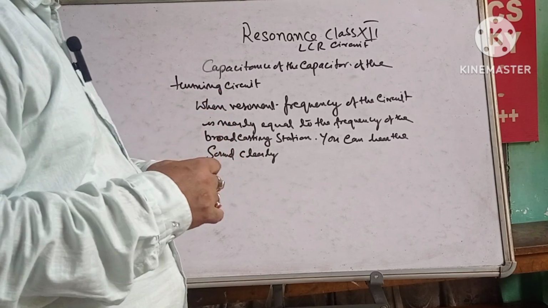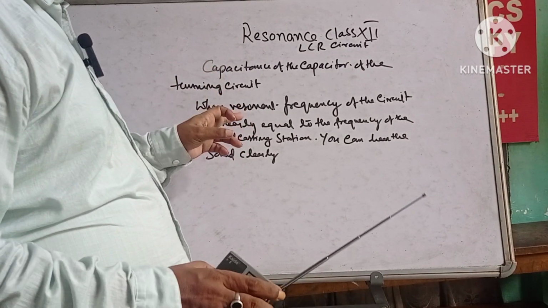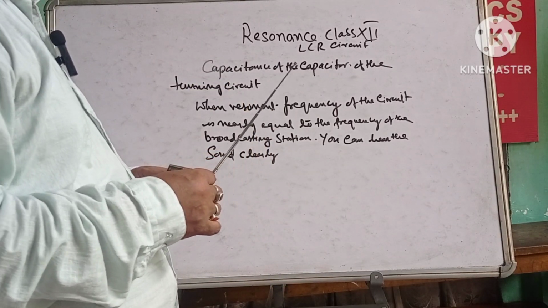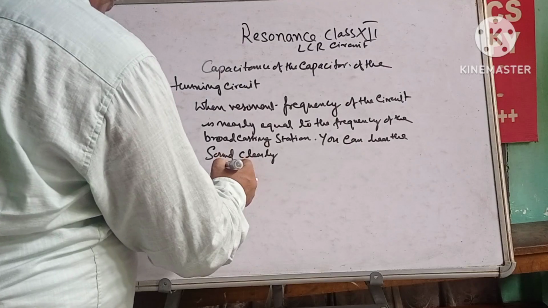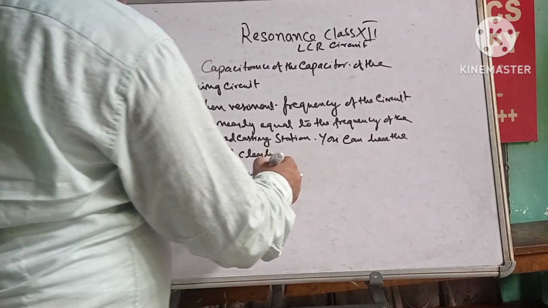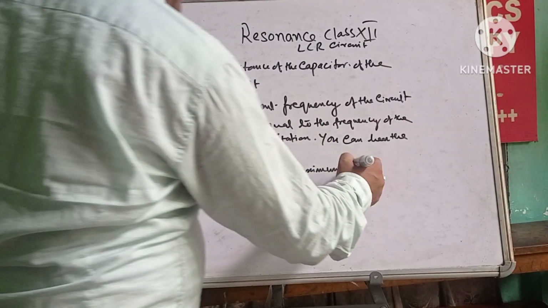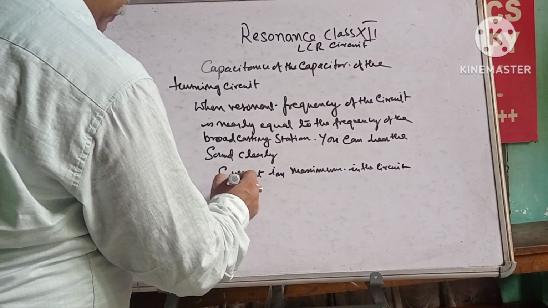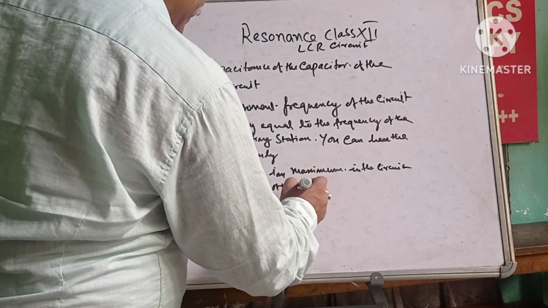So this is the main resonant frequency. At this resonant frequency of the circuit, your current will be maximum. This is I max.